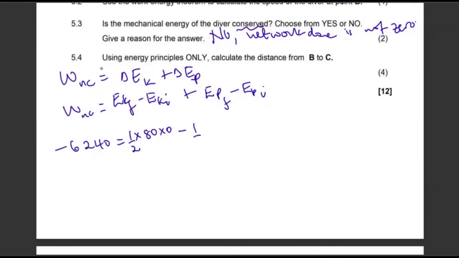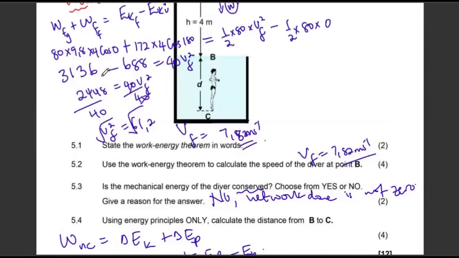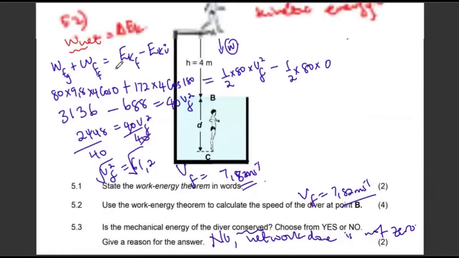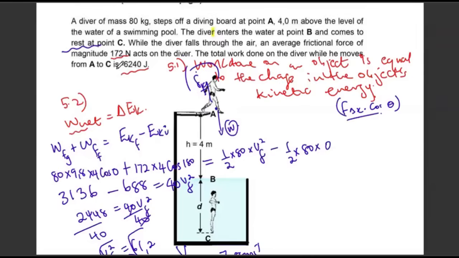We are subtracting a half times 80, the initial velocity is what we got, 7.82, squared. Plus the EP final at point C. Remember, they told us point A is 4 meters above the level of the water.